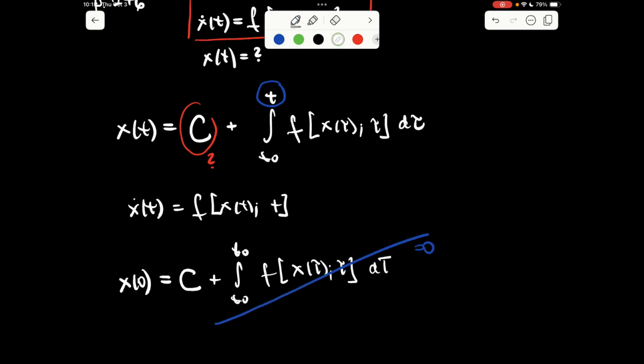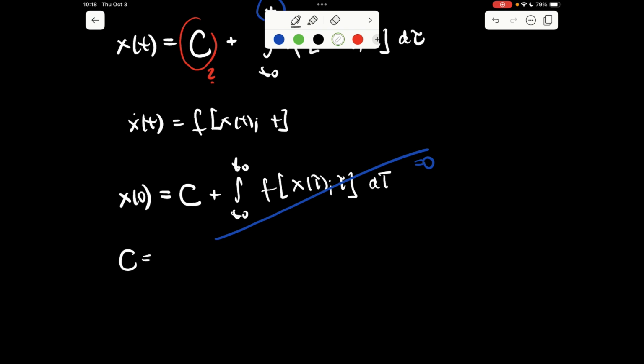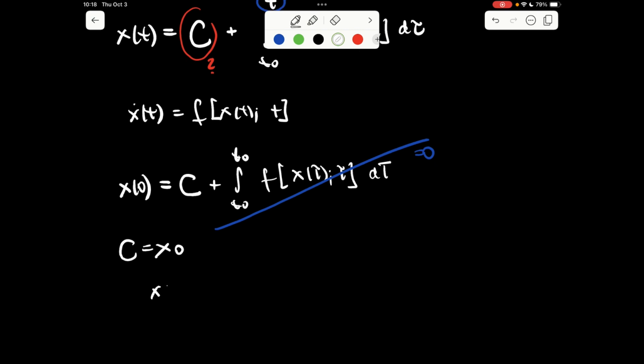So the constant is the initial value of the variable x. So actually, this is the specific solution of this differential equation.